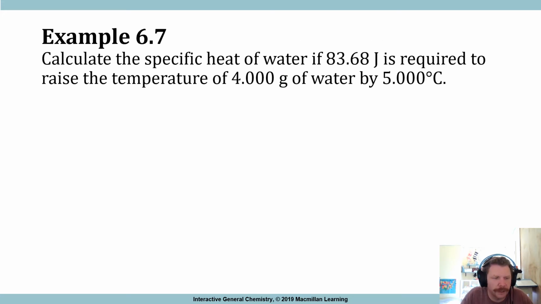Now here's an example of one of these problems. Remember the equation Q equals mc delta T. Calculate the specific heat of water if 83.68 joules is required to raise the temperature of 4 grams by 5 degrees Celsius. You might be looking at this and thinking, how do I include all of this?